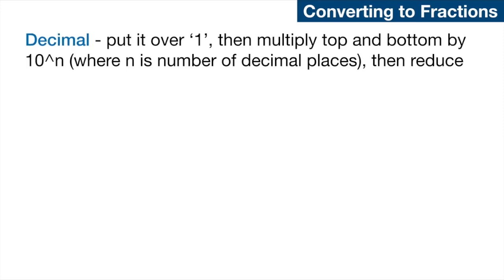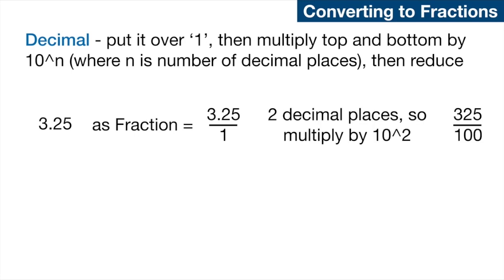Converting decimal to a fraction, we put the decimal over a 1, and then we multiply the top and bottom by 10 to the n power, where n is the number of decimal places in the decimal. And then we reduce. So for example, 3.25 as a fraction, we put 3.25 over 1, and then since there are 2 decimal places, we're going to multiply the top and bottom by 100.